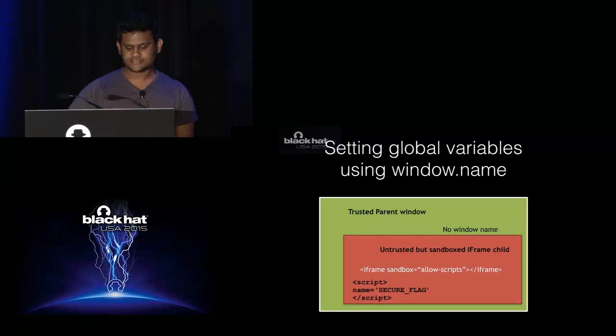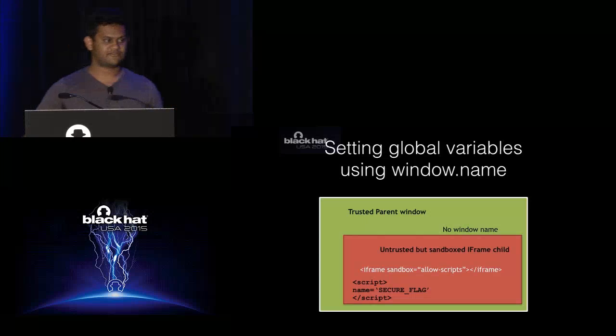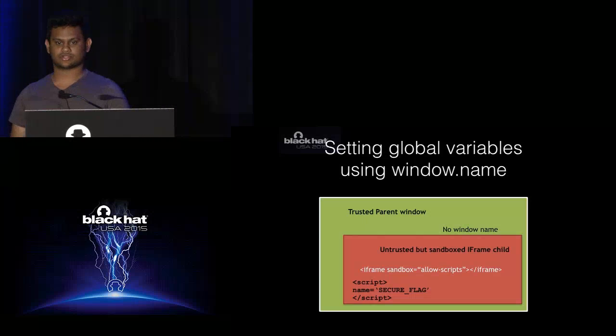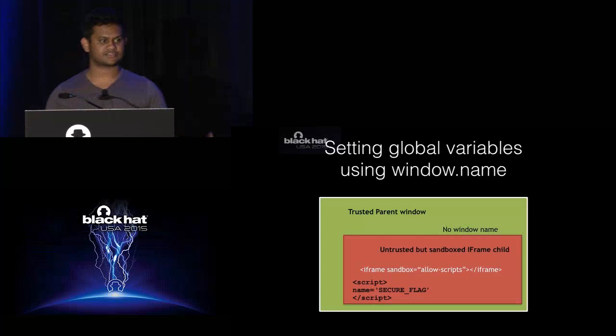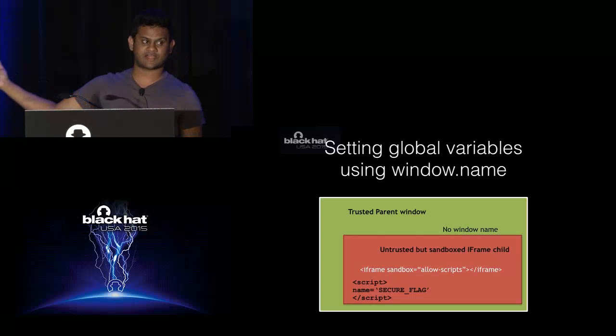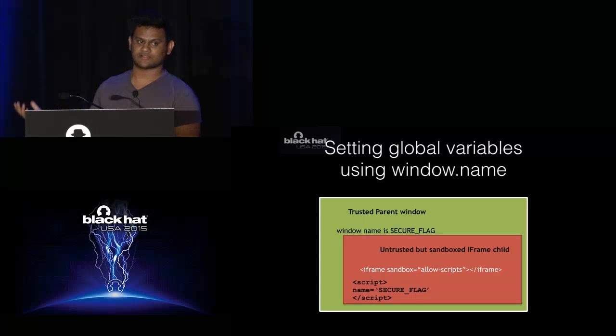Now, I was able to execute any script in this context, so I set name equals secure_flag. By default, everything in JavaScript on the DOM is executed on top of the window object, so here it would be window.name equals secure_flag. So this iframe's name now becomes secure_flag.